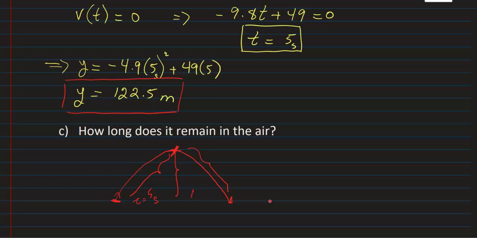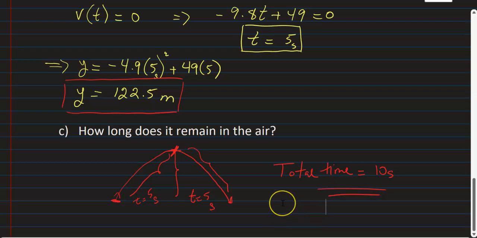So it will take 5 seconds to come down, and the total time of the flight is 10 seconds, from the initial launch to the time it falls back to the same level.